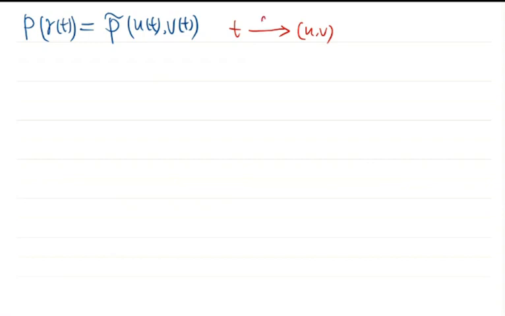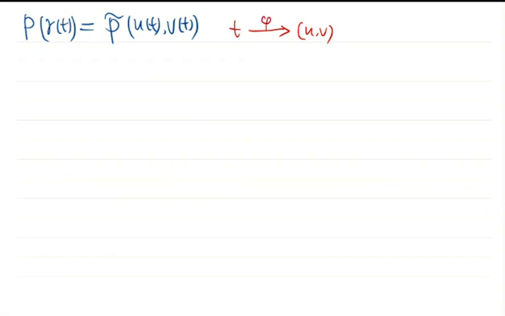So P(gamma(T)) is P tilde(U(T), V(T)). What's P tilde? P tilde is the composition of P with R. Their relation is this. Here is the interval [A,B], so here is T. T is mapped to (U,V) by phi.